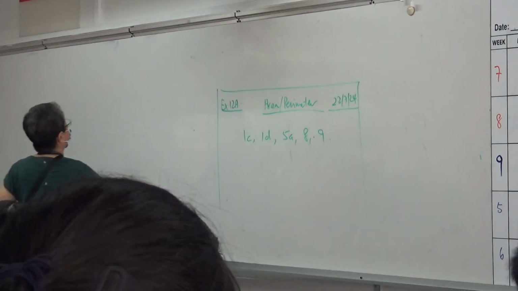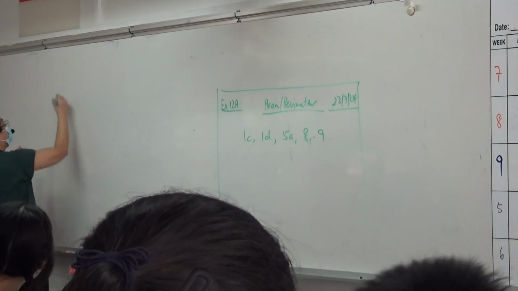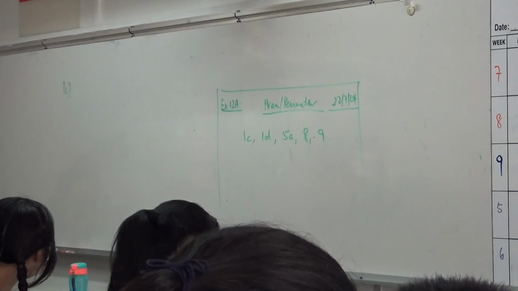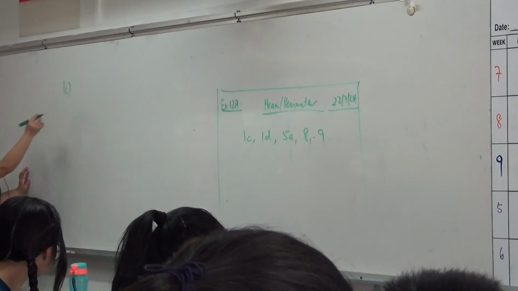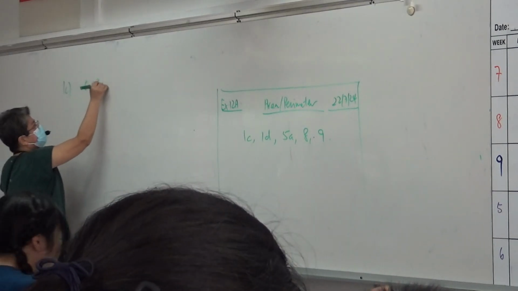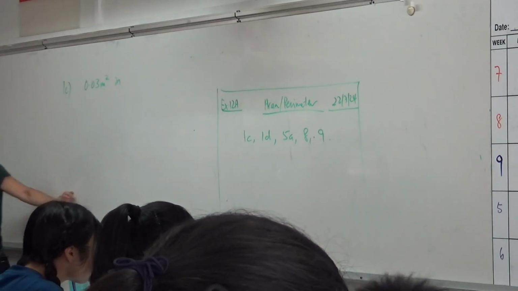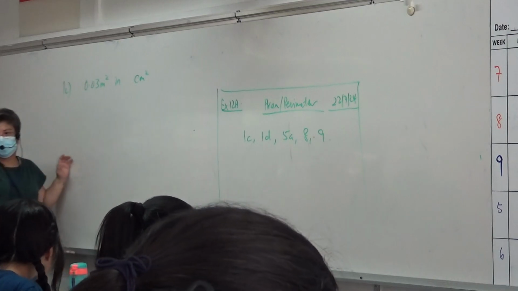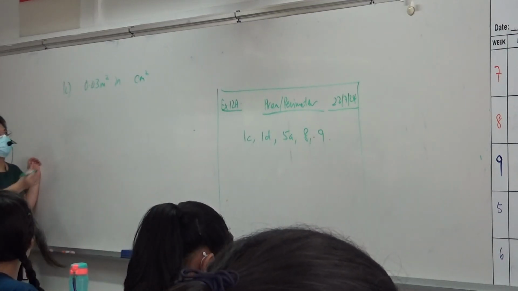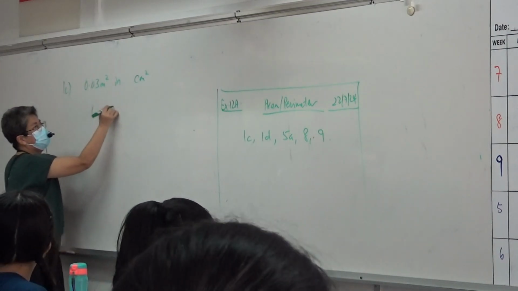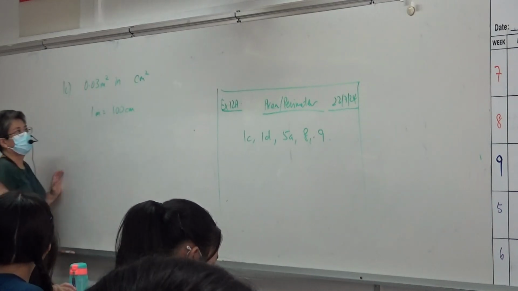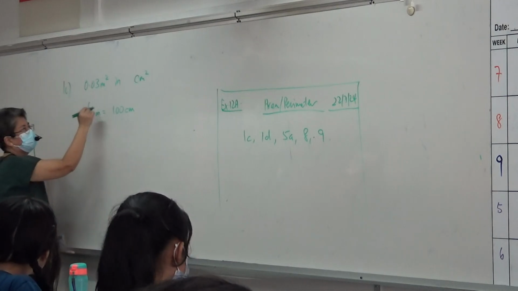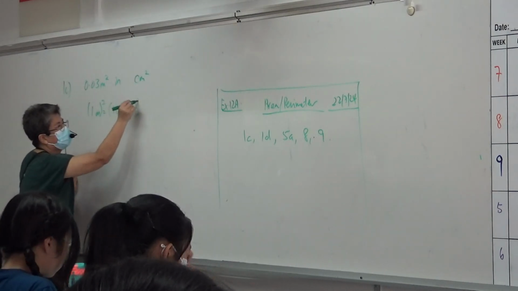Let's look at 1C. You can all look at 1C. Express 0.03 meters square in cm square. Now, how do I start? 1 meter is what? 100 cm. Then what do I do to both sides? Bracket square.